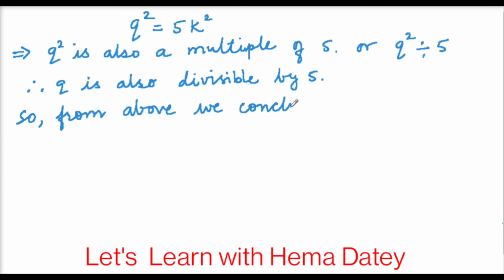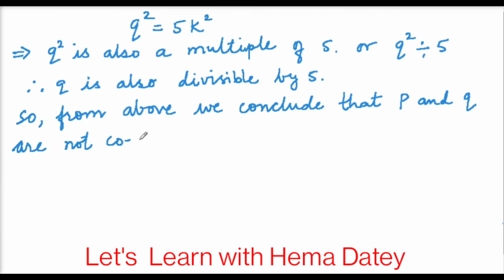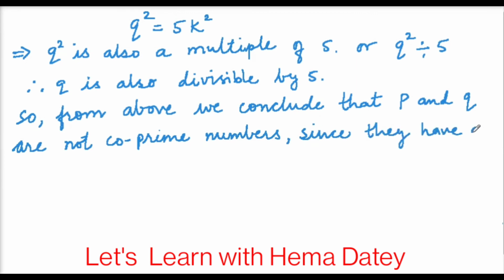So from above we conclude that p and q are not co-prime numbers, since they both have 5 as a common factor.